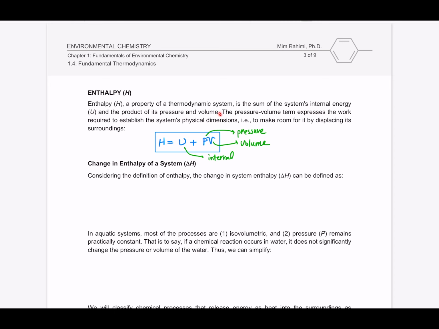So this pressure volume term is the work required to establish the system's physical boundaries. So the bigger the volume of the system, the more work it requires to build it, and the same thing for pressure. But it's heavily connected to that internal energy that we just talked about.